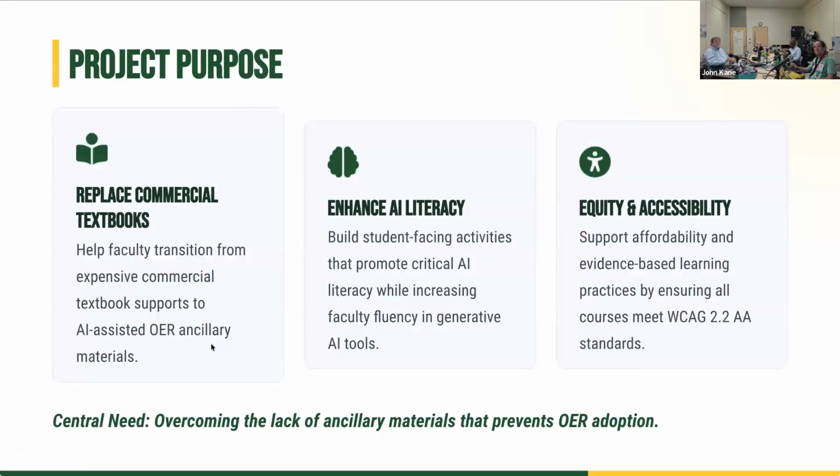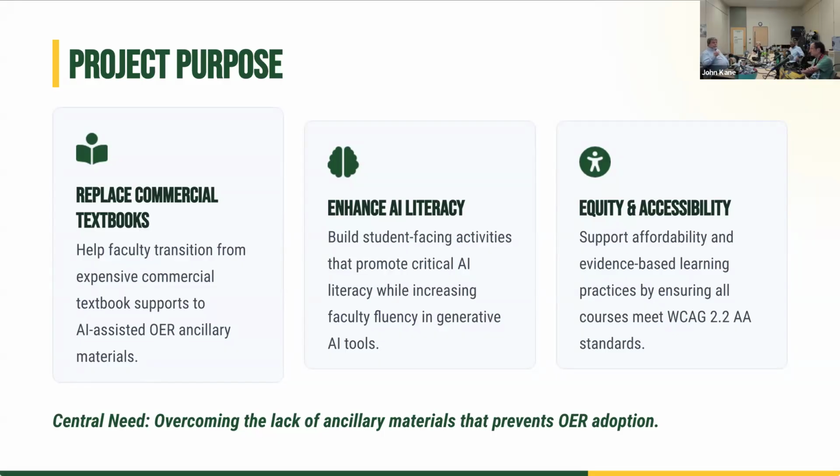Okay, so the purpose of the project is, there was a call for SUNY OER and IITG grants, and we put in a proposal that combines both OER with AI. And the goal is to replace commercial textbooks, but also at the same time to help enhance AI literacy for faculty. Because one of the problems with OER is that many people are reluctant to adopt OER because it lacks all the ancillaries that publishers provide.